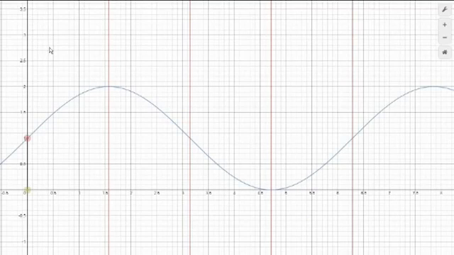Now I want you to contrast that with what happens when I put in a different graph. This is y equals sine theta plus 1. So it's going to make a completely different graph. In the x and y, all it does is take the old sine graph and move everything up by 1 unit.